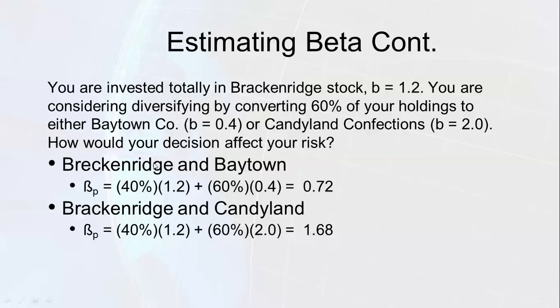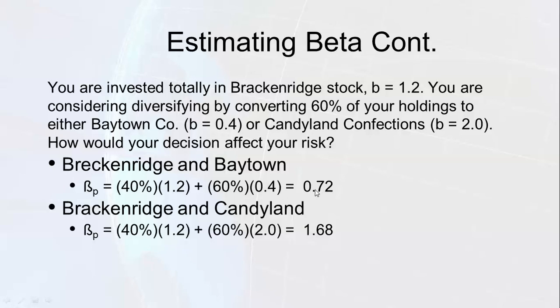Okay, so we're going to be putting 40% on Breckenridge, since you are putting 60% on Baytown, then you have 40% on Breckenridge, right? So 40% times beta of 1, plus 60% on Baytown times beta equal to 0.4.